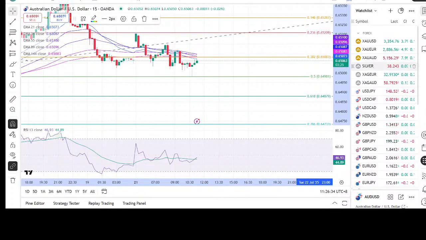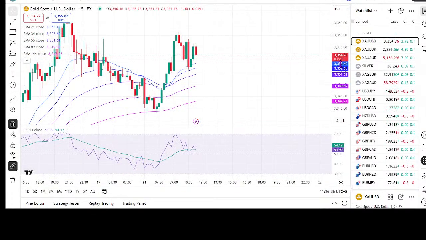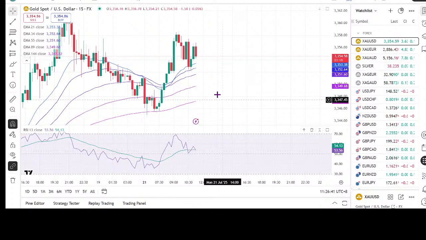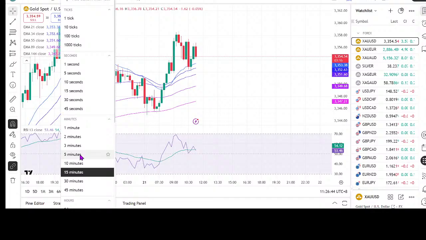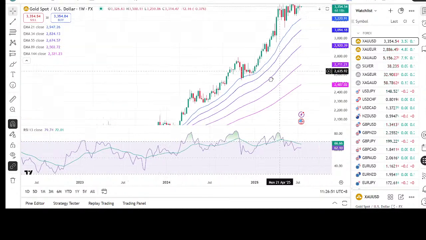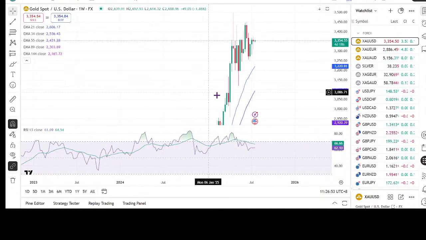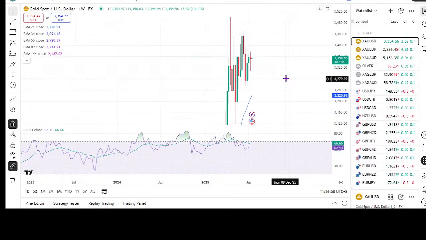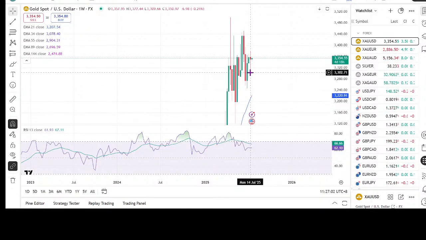Okay, the next one, the gold, we look for gold US first. So if we look at the weekly, okay, weekly target for gold, we are seeing the price action, the market is making higher lows, okay, higher lows. So that is the clue. That means this week's low has to be higher than or equal to this low.